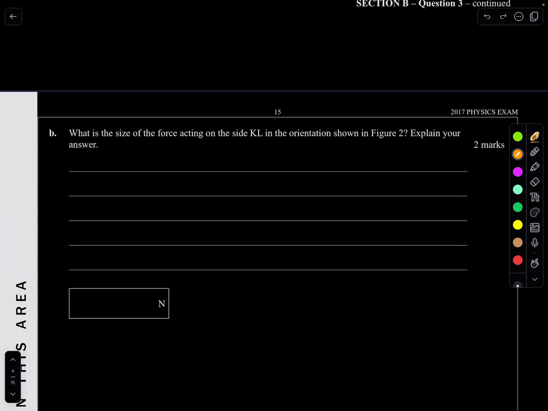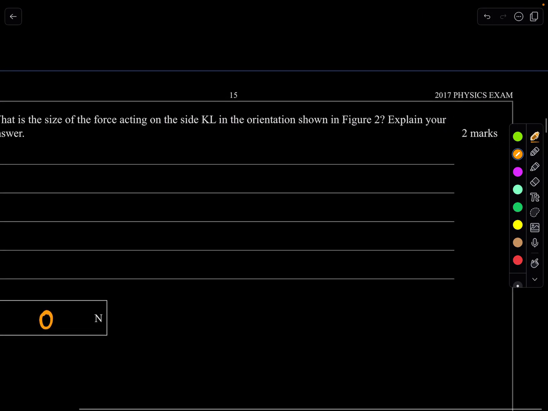So we can put 0 newtons here, and we need to expand because it's 2 marks.